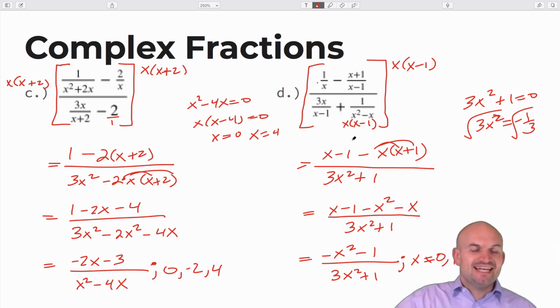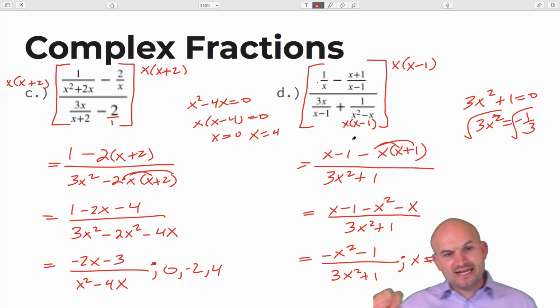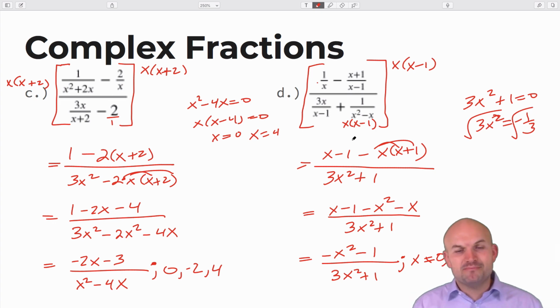From the beginning of this lesson, when you eliminate as many fractions as possible, you're making your life a lot easier. But it is important to make sure that we still understand our excluded values, especially when we are solving, because when we have a solution that is an excluded value, it is an extraneous solution and actually not a real solution to the equation.